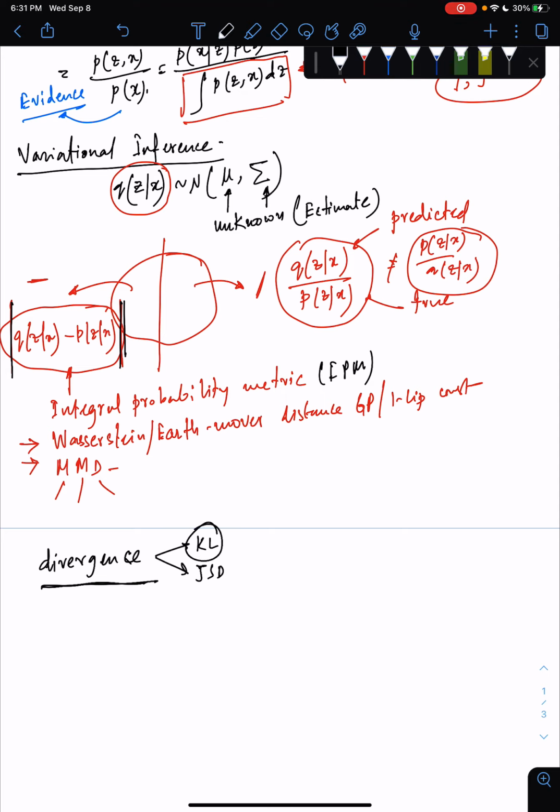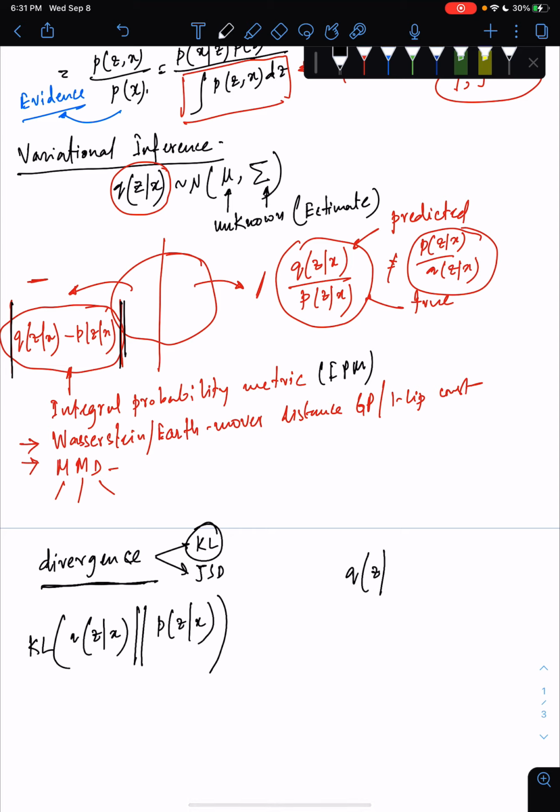Okay, so let's write the KL divergence between q(z|x) and p(z|x). I told you that this q(z|x) is nothing but a normal or Gaussian distribution.